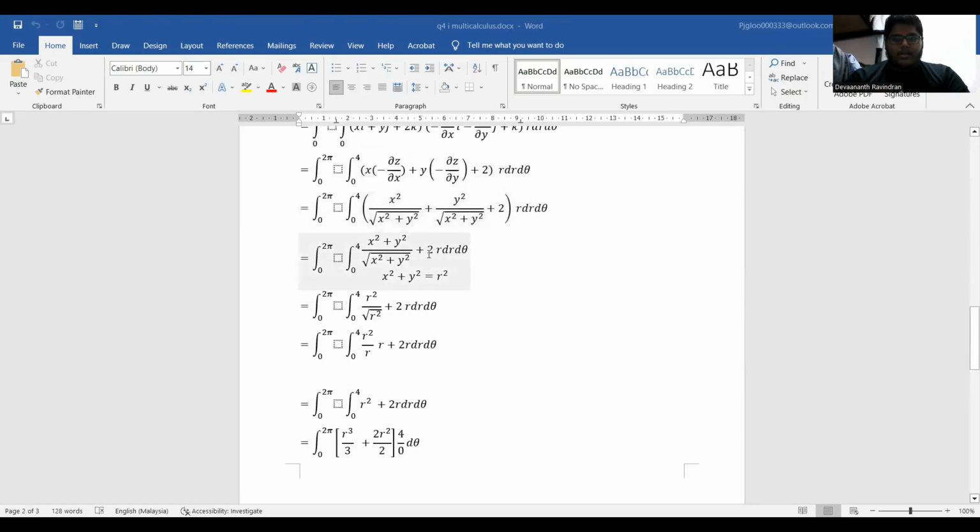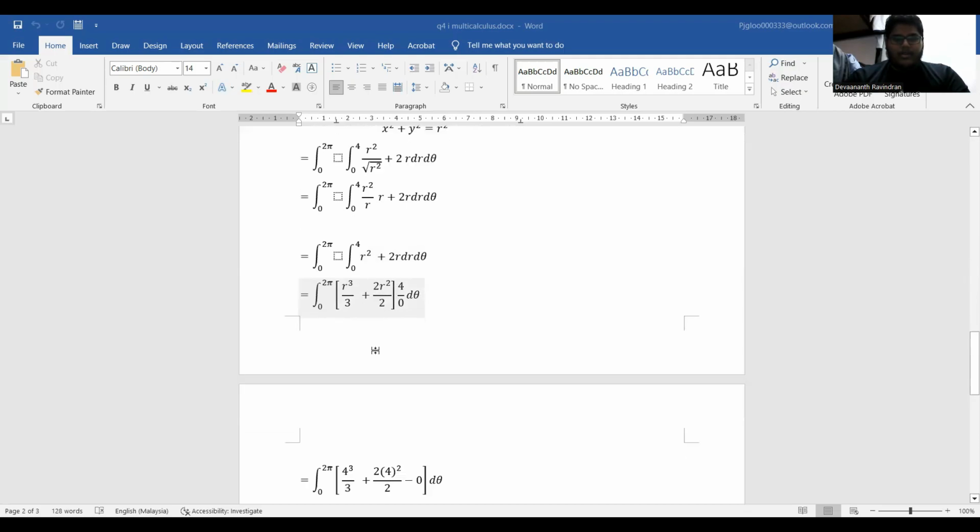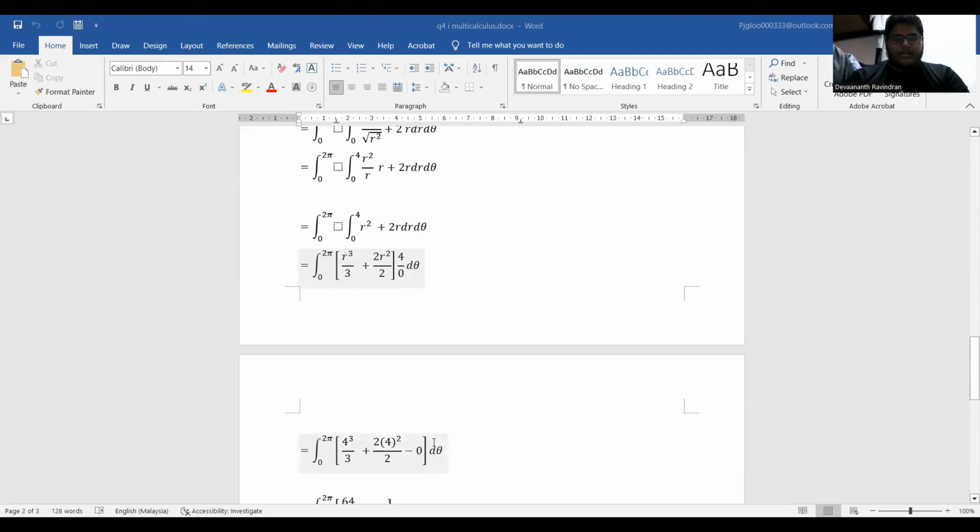Do the integral, then after that verify that x squared plus y squared equals r squared, then substitute it. After that only we do the integral, then substitute the 4, then minus 0.